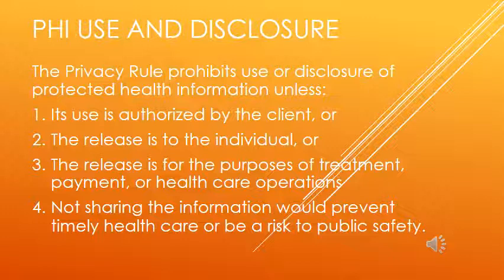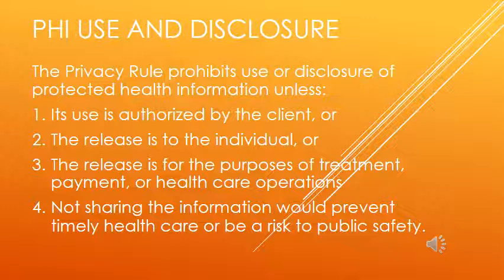Information may also be released for public health activities, including public health authorities that are authorized by law to collect or receive information for preventing or controlling disease, injury, or disability, and to public health or other government authorities authorized to receive reports of child abuse and neglect.